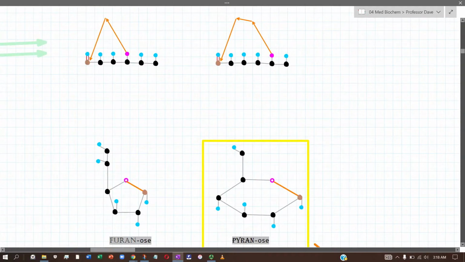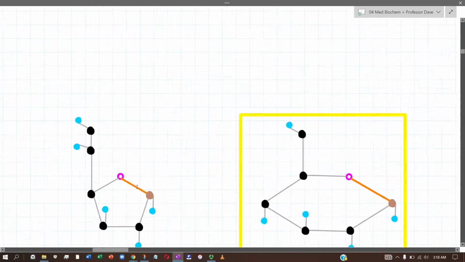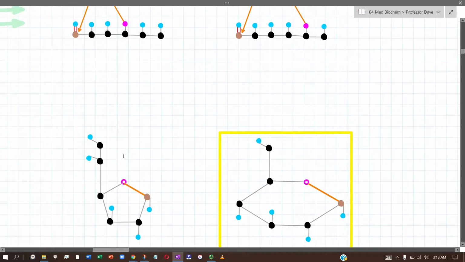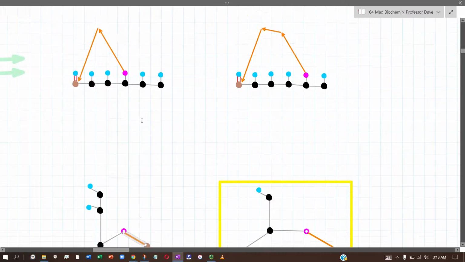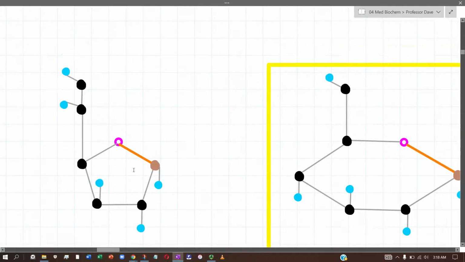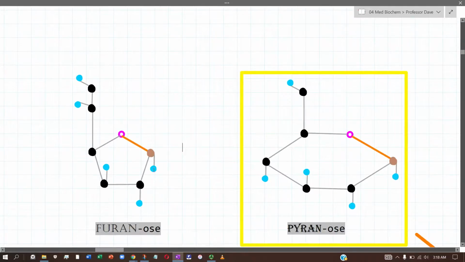So remember, this carbon was the number 1 carbon in brown, so here it is again. And the bond that was created between the attacking oxygen and the carbonyl group, I've drawn similarly in orange, so we know which is the new bond that was created. So here you go, and then here is the rest of the molecule.